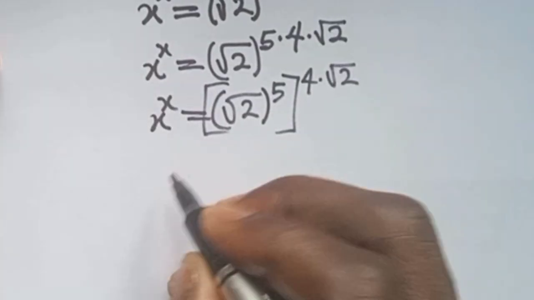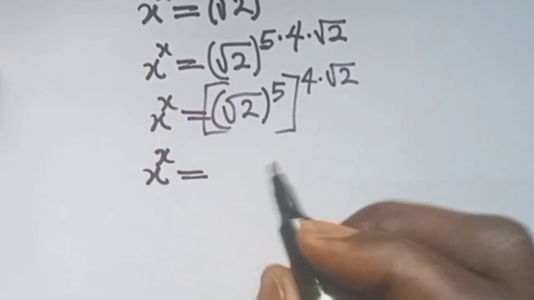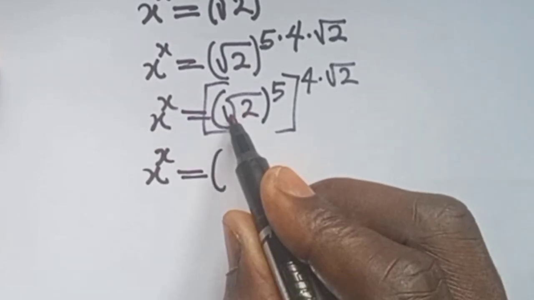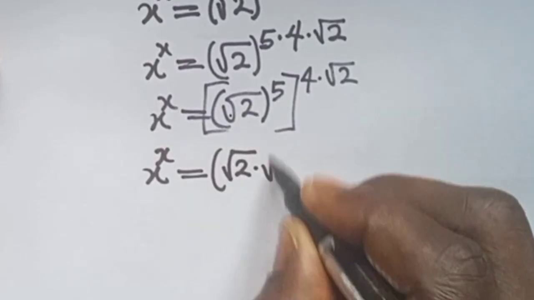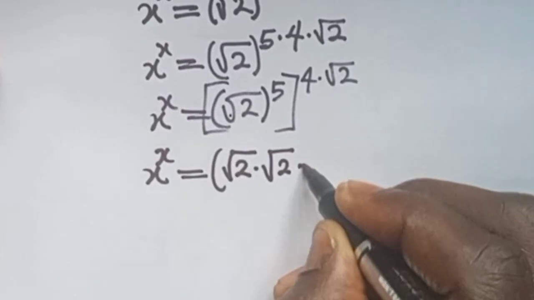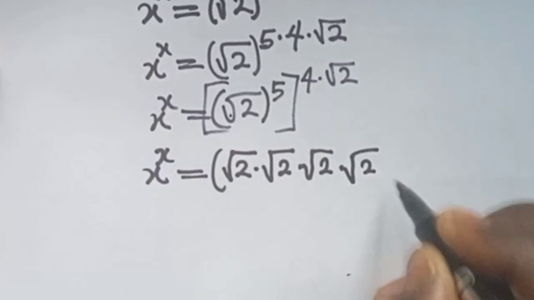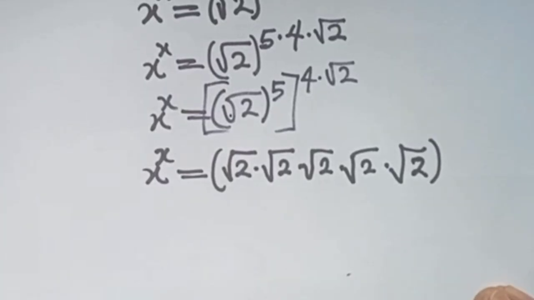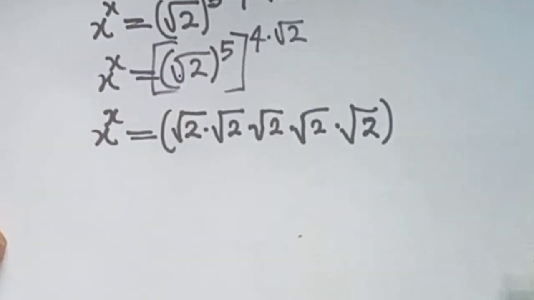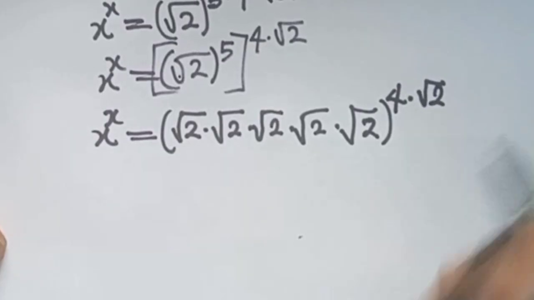So if we agree on this one, x to the power of x can be written as: square root of 2 to the power of 5 is the same thing as square root of 2 times square root of 2 times square root of 2 times square root of 2 times square root of 2, in 5 places, to the power of 4 times square root of 2.